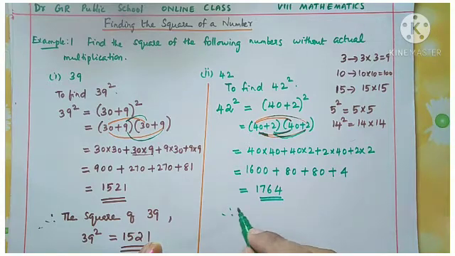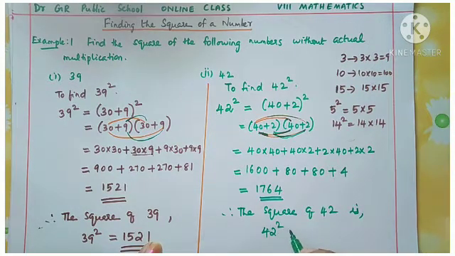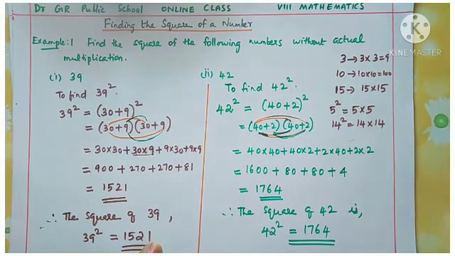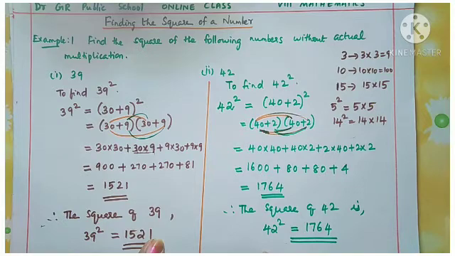So therefore 42 square is equal to 1764. So that is the answer. This is the method of finding the square of any number without actual multiplication. Hope all of you understood.